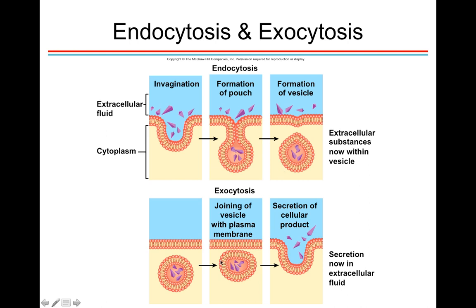Exocytosis is the reverse process, right? And we know that the exocytosis vesicles are going to be leaving the Golgi, right? And these vesicles full of whatever is destined for secretion will be going up to the membrane. It'll fuse with the membrane and then release the product for secretion.